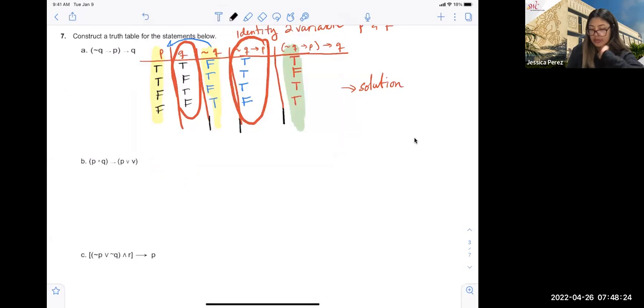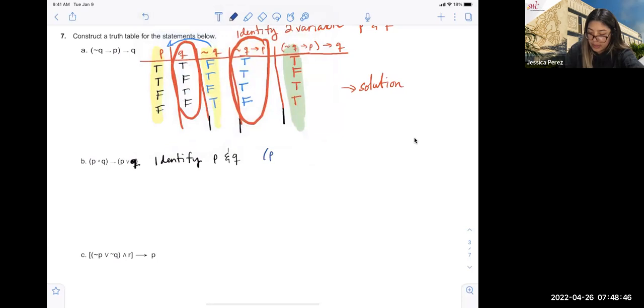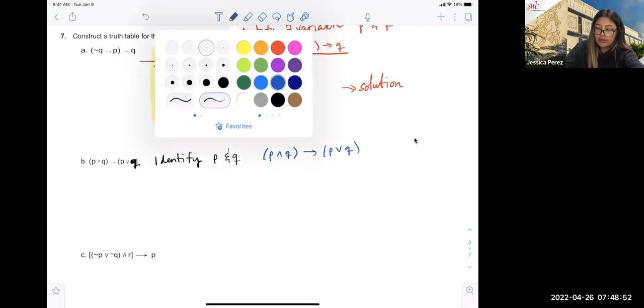Now you create your other truth table. Again, you identify. You have P and Q. So here, this is P and Q implies P or Q. We're trying to do the truth table of that.